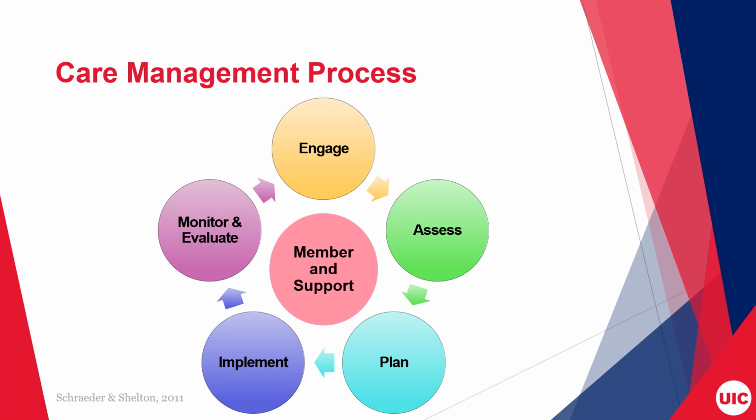While this diagram is depicted as a circle, multiple phases of the process occur simultaneously, and the overlap between phases is an integral part of the care management process. During the individual encounter, the care manager also engages in each of these steps, opening and engaging the member, assessing the current status, adjusting plans, implementing plans, and evaluating outcomes.